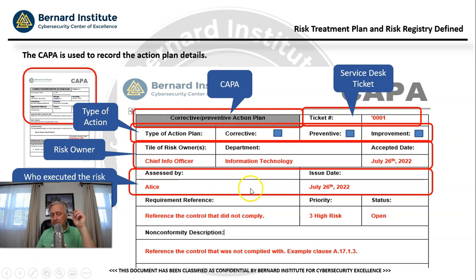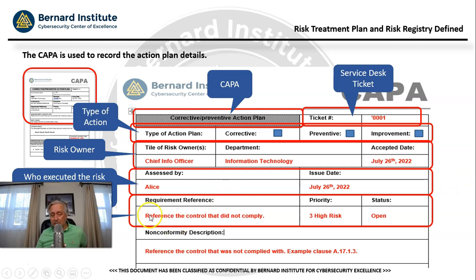Usually we don't use names. We put a title in here. So it might have been an auditor. It could have been a cybersecurity risk analyst. And they found it on this date, and it was accepted on the same day, which is a bonus. Great. Sometimes there's weeks. So we track those dates because sometimes there's a lag, right? There's an opportunity to improve the process maybe.